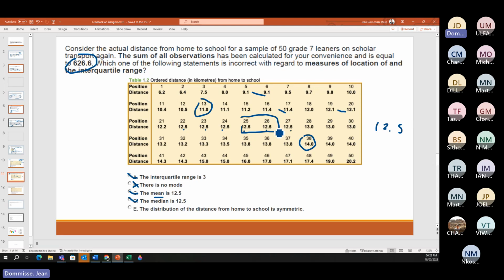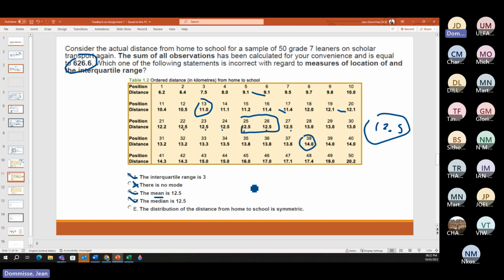Okay, so that is a lot. 13 appeared 3 times, and others 2 times. So one could also see, yes, it is 12.5 because it did appear 6 times, which is the mode.